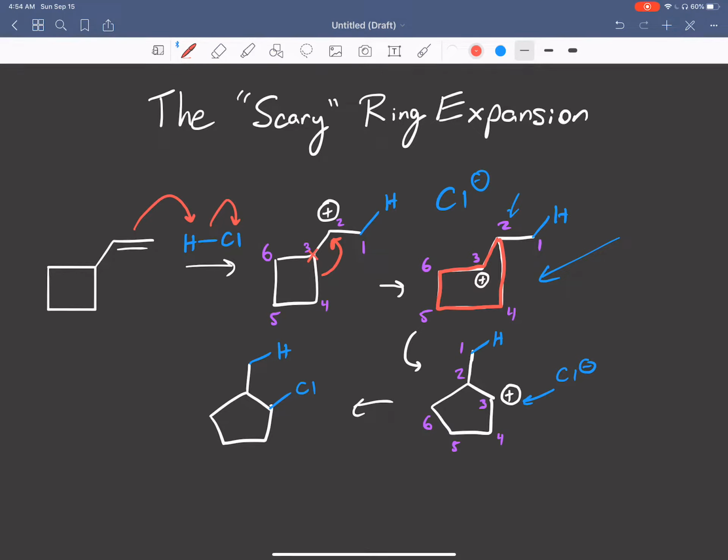Okay, so just keep that in mind. And remember that these ring expansions only happen with carbocations. All of these shifts, only carbocations. When we get to the alkene reactions in the next videos, you'll see that there are some reactions that do not proceed through carbocations. So even if they're next to 4-membered rings, we will not be having these shifts.